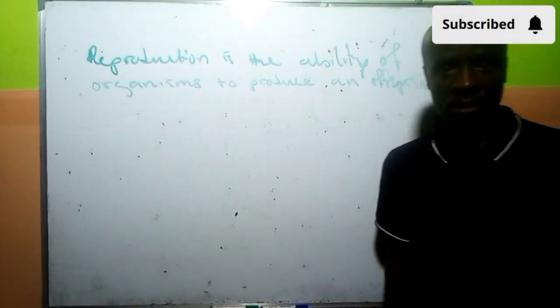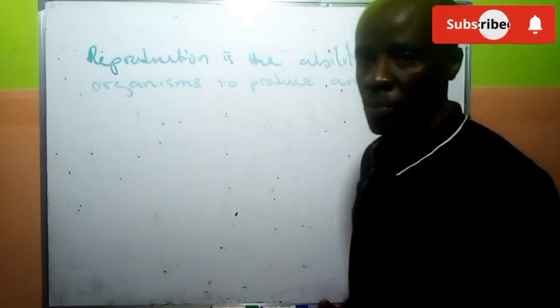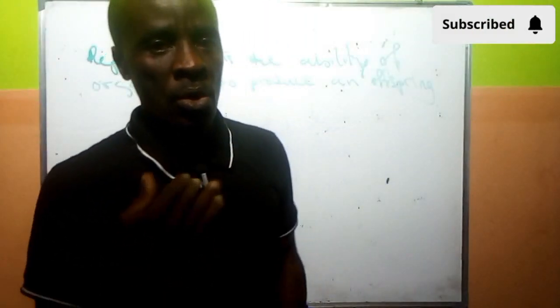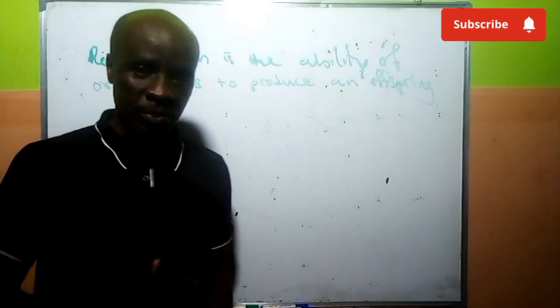That's what reproduction is all about. So the ability of an organism to produce an offspring is what we know as what? Reproduction. Now, what is the major reason of this reproduction?